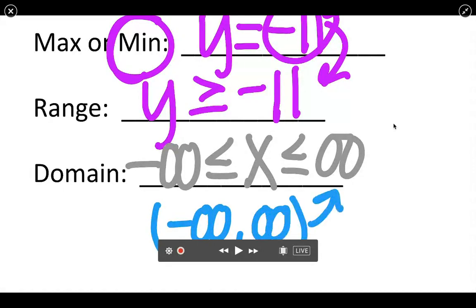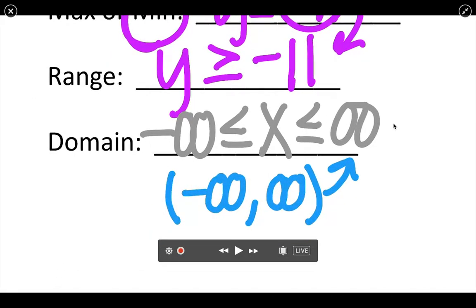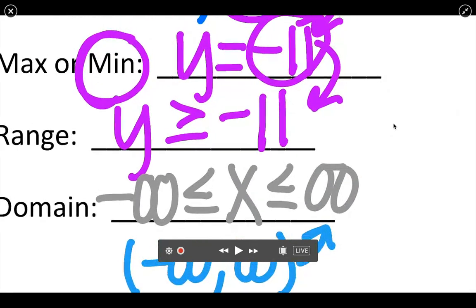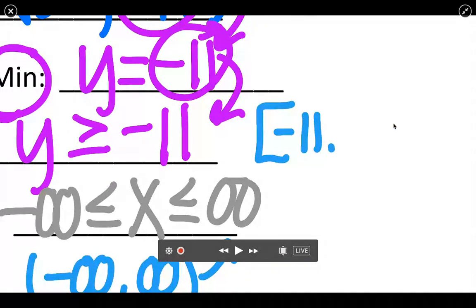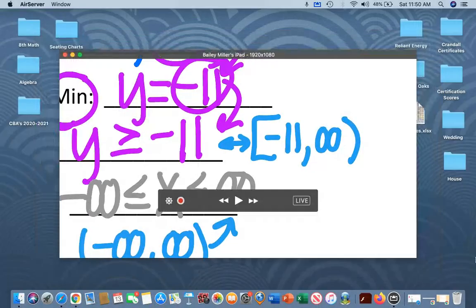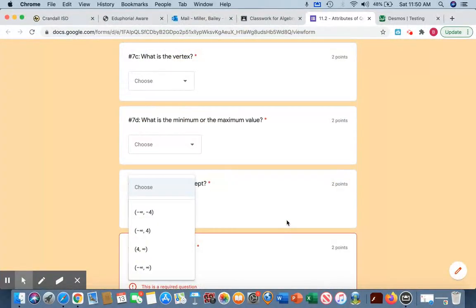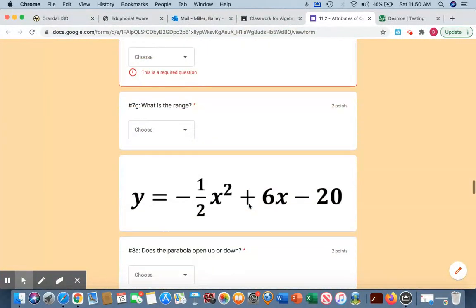These two things mean the same thing. So if you see that, that's what that means. With the range, y is greater than or equal to negative 11. That means that they're going to use negative 11 in a bracket because that's as far as it goes. We're including negative 11, and it goes all the way to positive infinity. Again, these two things mean the same exact thing. So that's how that's written out. If you have any questions, you can send me an email about that. Just a different way to write the domain and range.